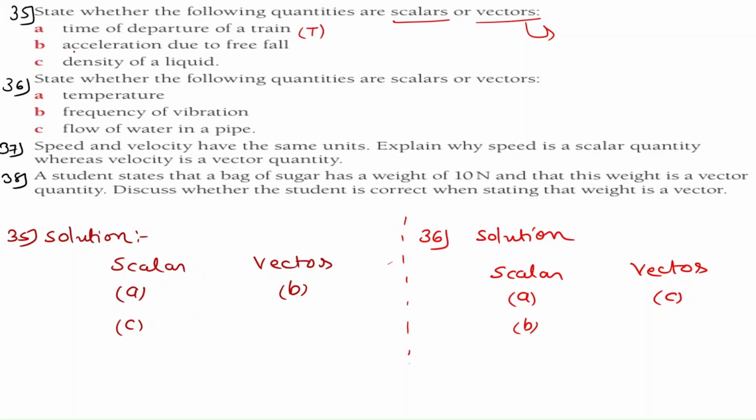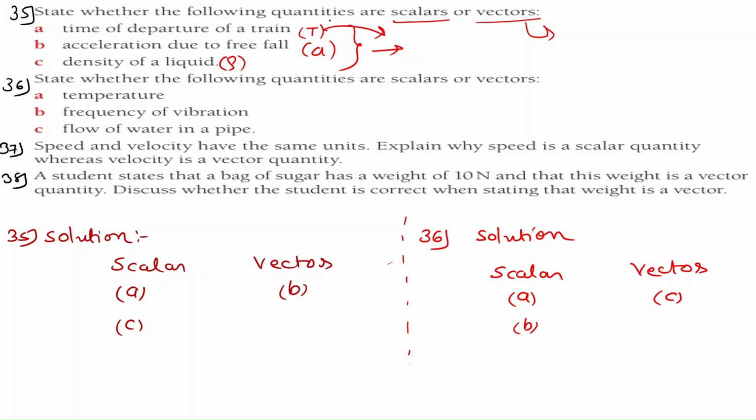Second is acceleration due to free fall, so we are interested in acceleration. Third is the density of a liquid, any kind of liquid, so it means density. From these, we have to tell which one is a scalar and which one is a vector quantity. So the first solution is scalar.